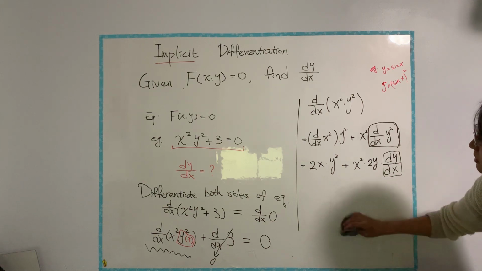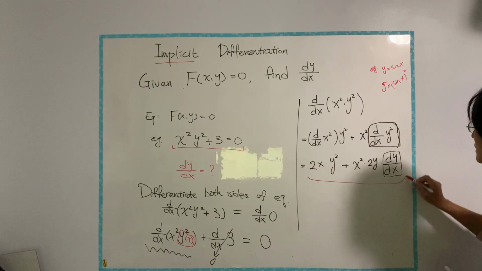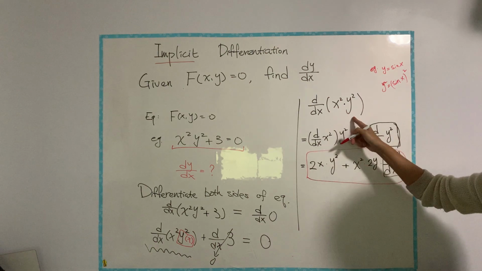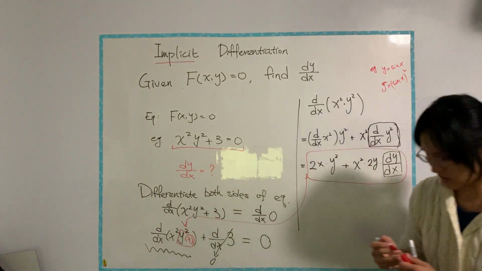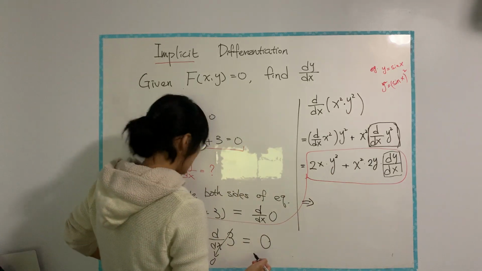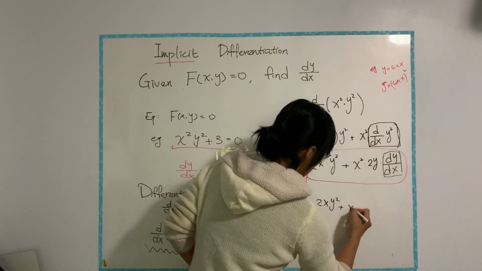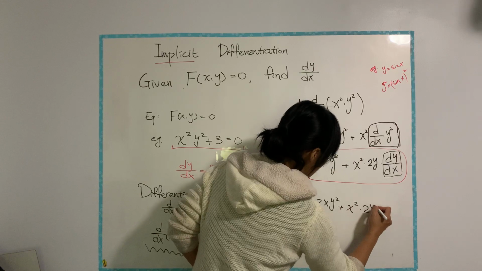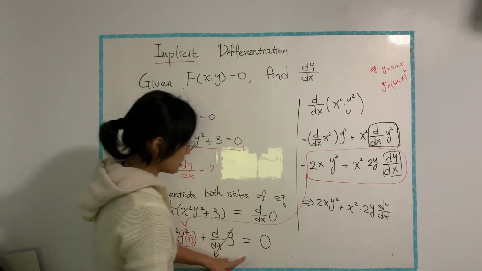Okay, so we now have the derivative of x squared times y squared, we now put this into the equation we have and see what we get. So everything together, we have 2xy squared plus x squared times 2y times dy dx plus 0 equals 0.